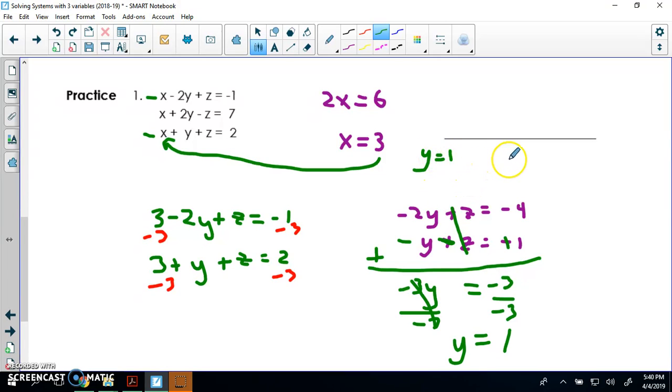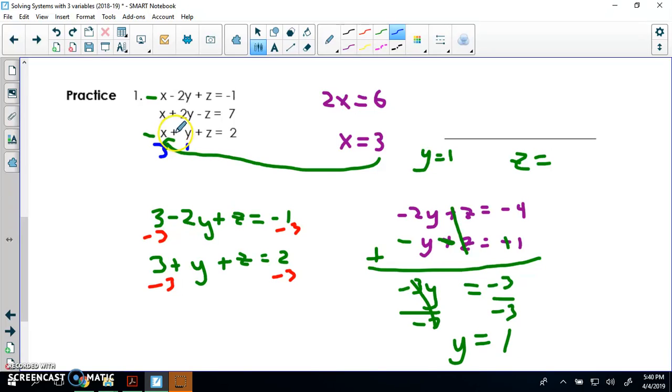Cool. Now I've got x and I've got my y. So now I still need to find z. Z is the missing link. You can plug it into any of those equations. Let's go blue. Let's plug it into here. I've got y as 1, x is 3. I'm going to plug it right down here into this bottom one.